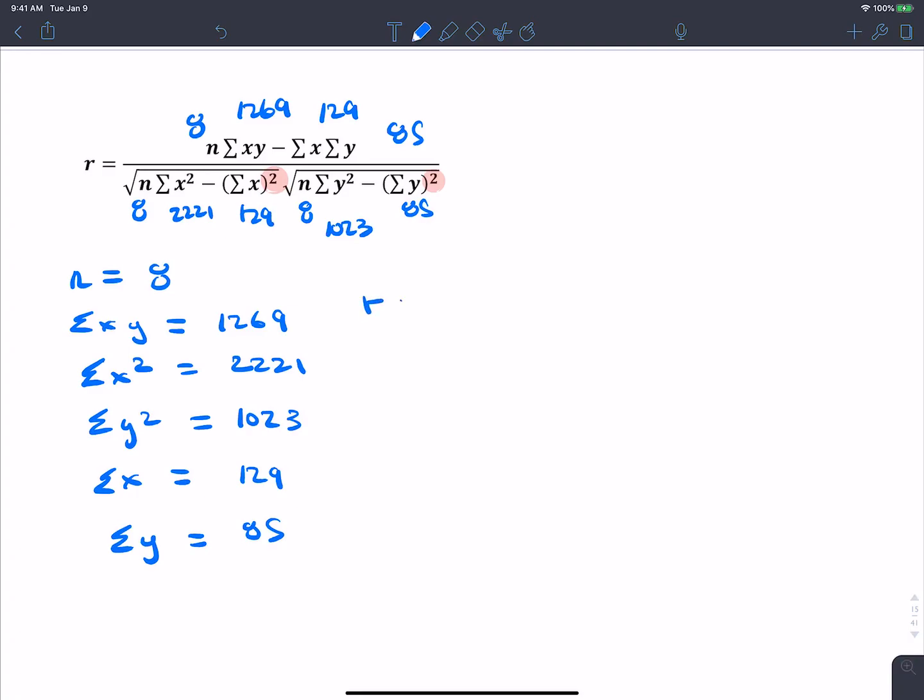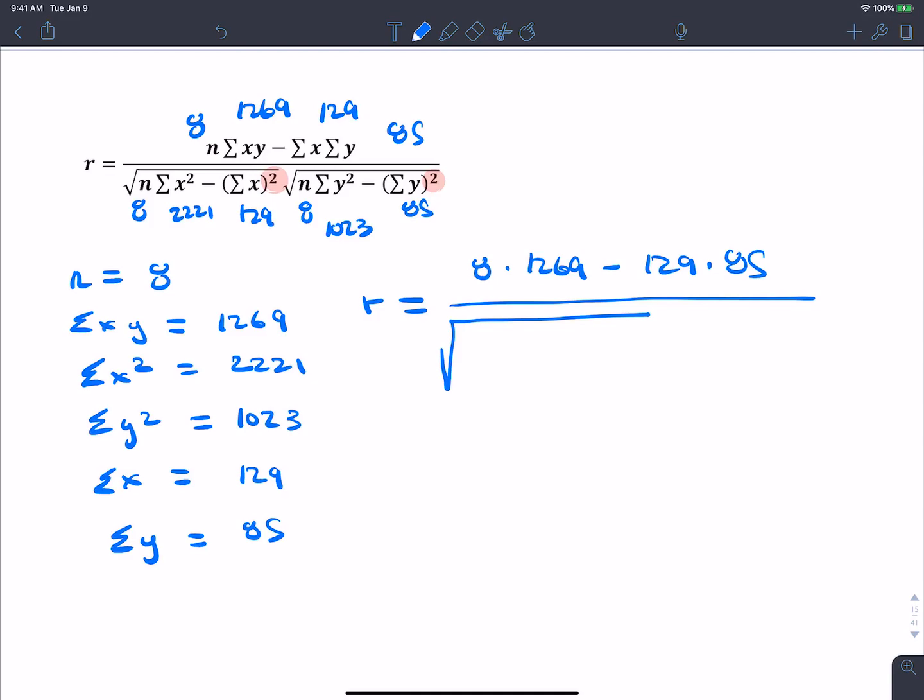So remember, I write it down again. 8 times 1269 minus 129 times 85 over square root 8 times 2,221 minus 129 squared.